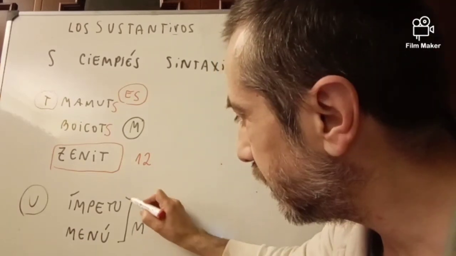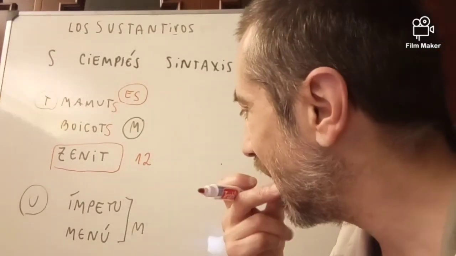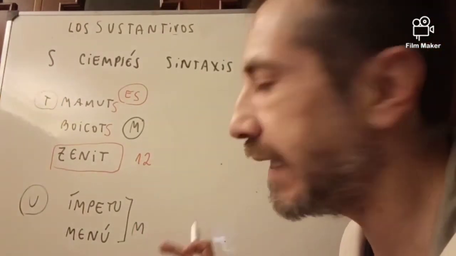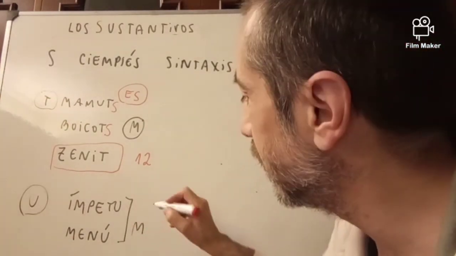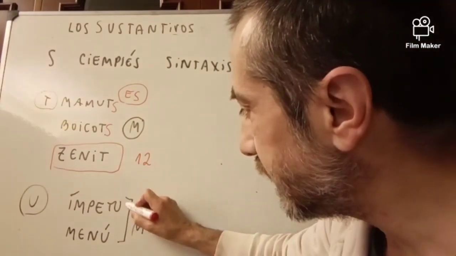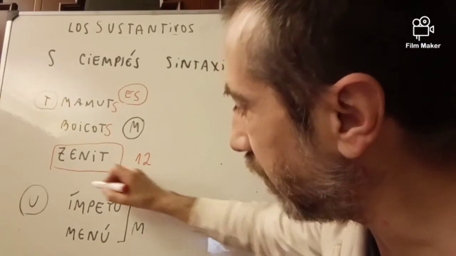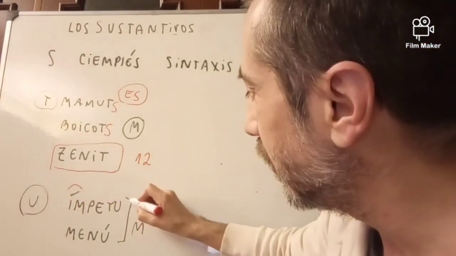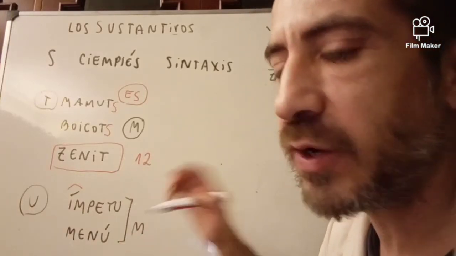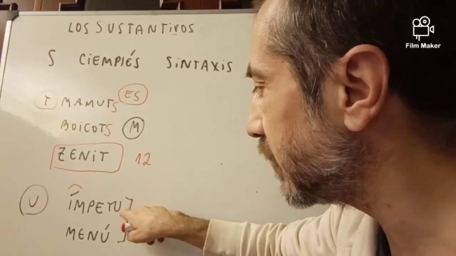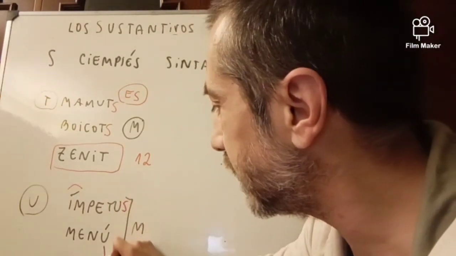I told you that these are the only two words in Spanish that end with u. In this case, as the stress doesn't fall here but at the beginning, we just add the s. It goes according to the rule because it's already a vowel, so you add an s.